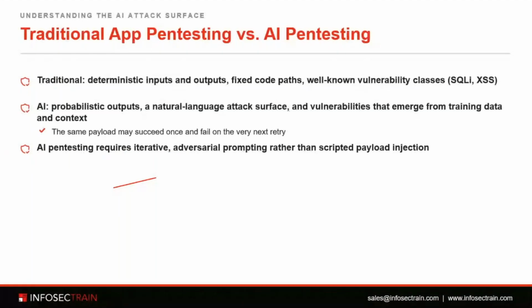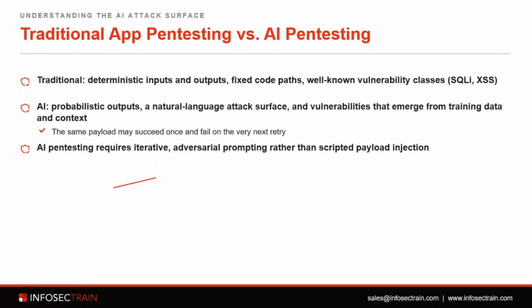So traditional application pen testing focuses on vulnerabilities in web applications, APIs, and infrastructure. AI pen testing targets unique risks in AI systems like prompt injection, model extraction, and data poisoning. Both are essential today because organizations run conventional apps alongside AI co-pilots and autonomous agents, right?